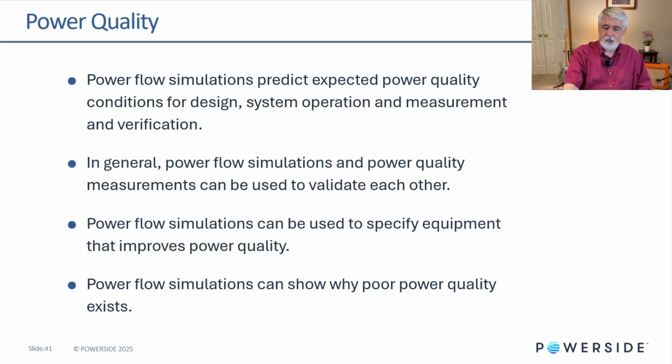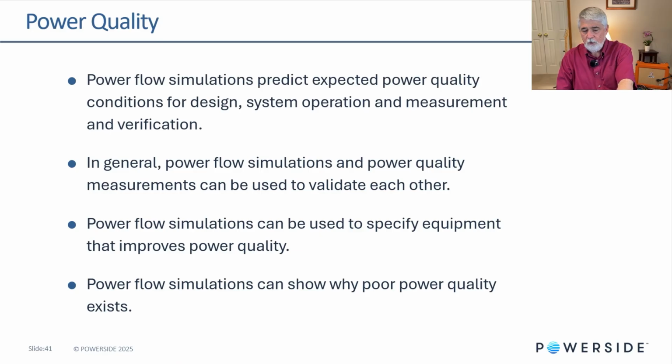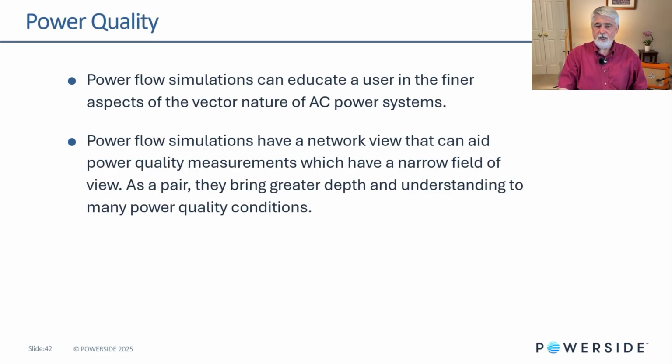Power flow simulations can show why poor power quality even exists so that it can be mitigated. That's kind of like this one, where power quality measurements capture conditions that need to be understood. So once they're understood, you can show why they're there through the simulation and the model, and then perform mitigation. And here's two more to go.